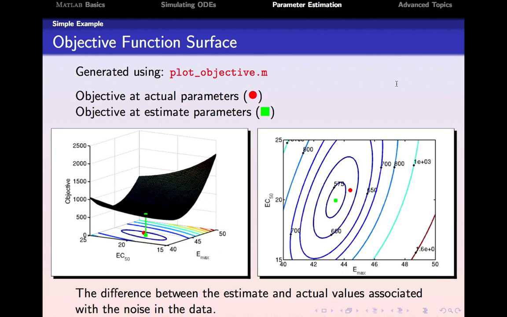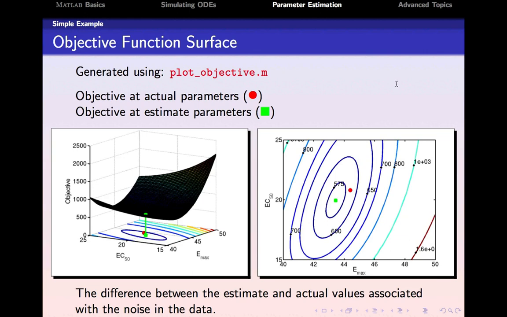So we started off by looking at just modifying clearance, and that showed us how our objective function changed in one dimension. And then we looked at modifying two parameters, the EC50 and the Emax, optimizing them to fit the exposure response data. This shows us how our objective function changes in 2 dimensions.